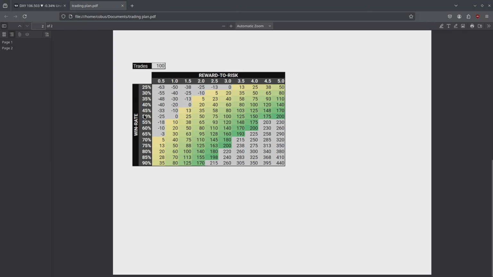If you are 50% profitable, even 45% gives you 35% return on that investment.